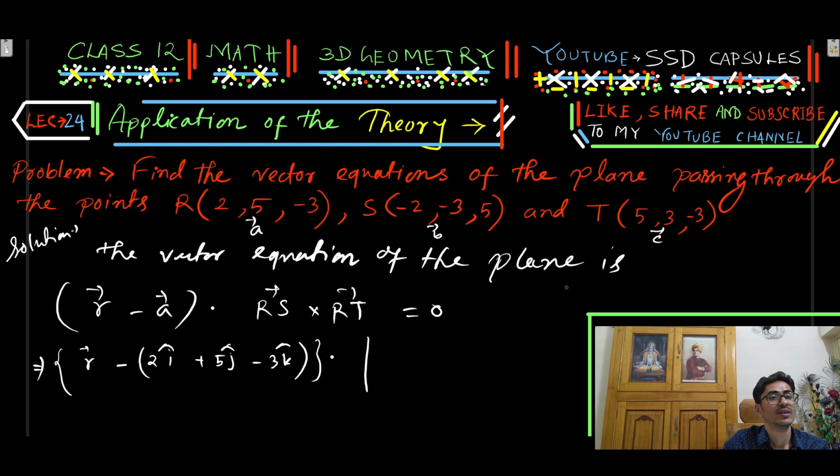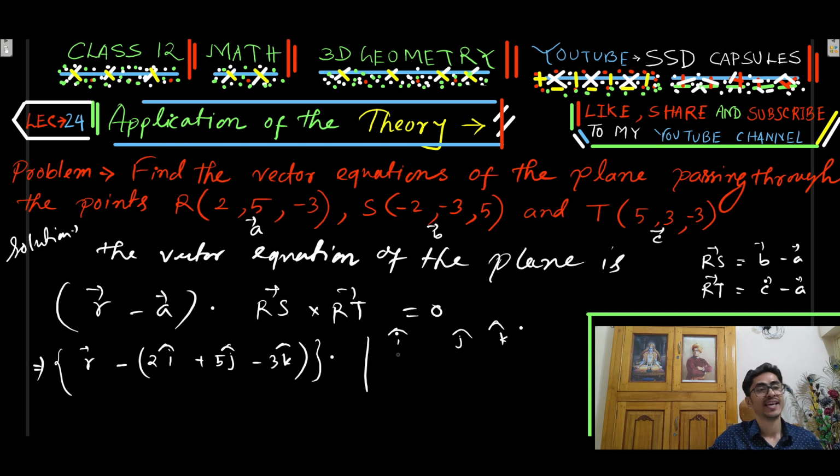So what is rs vector? Rs vector means b vector minus a vector. And what is rt vector? Rt vector means c vector minus a vector. Here we will put the components i, j, k. Here we are using the definition of cross product, again using the concept of the vector chapter.